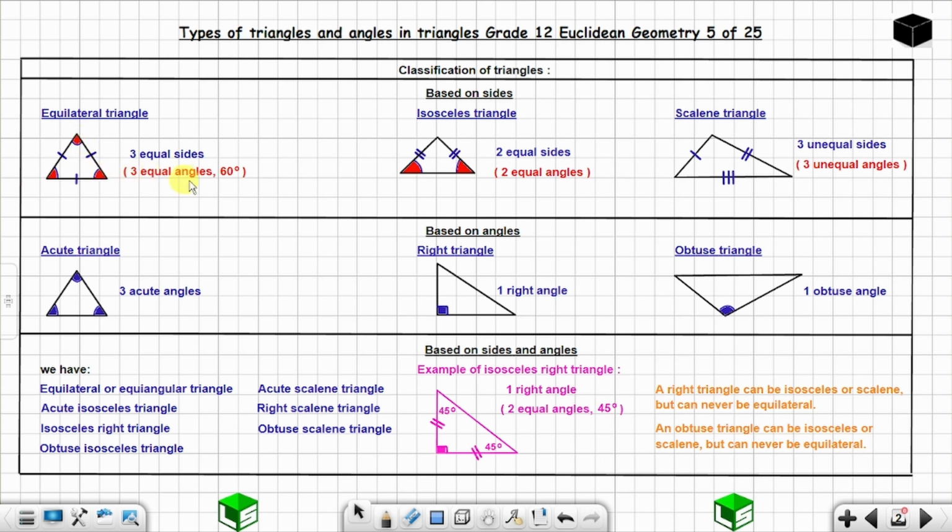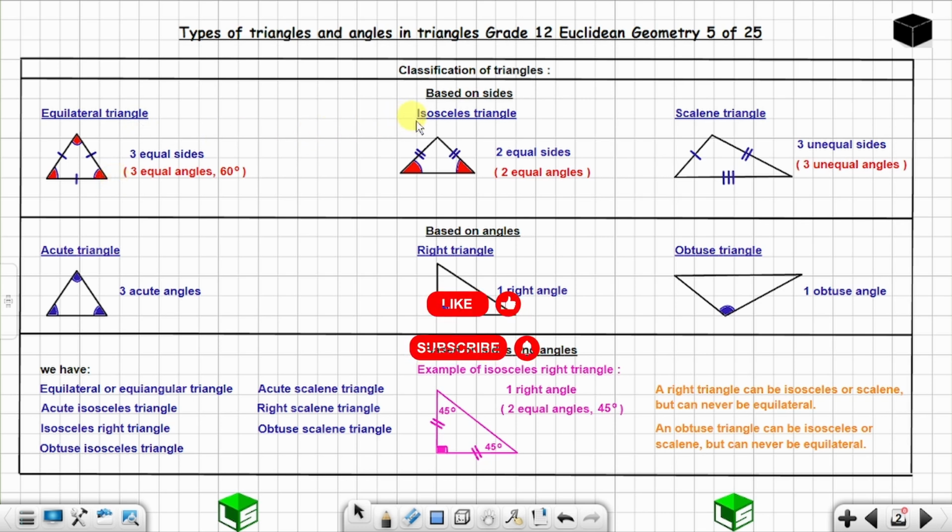They must be equal for an equilateral triangle. So the only way to have them equal, you are going to have 180 divided by 3, and then you are going to have 60 degrees. So this angle is equal to 60 degrees, and this angle is equal to 60 degrees, and this angle is also equal to 60 degrees.